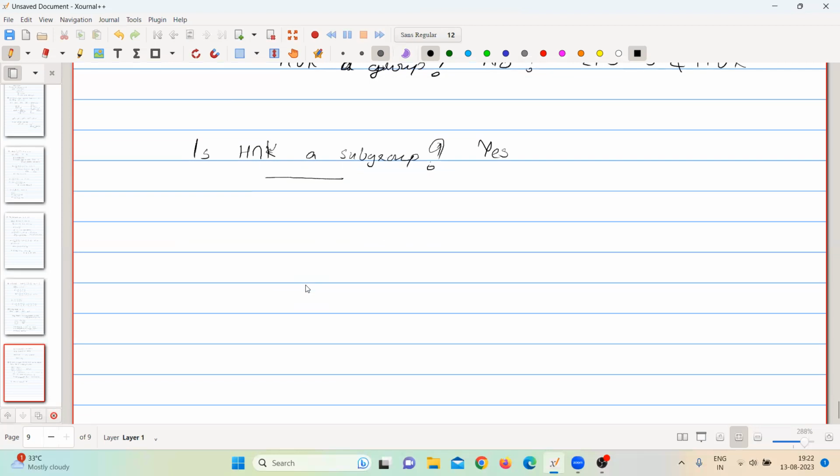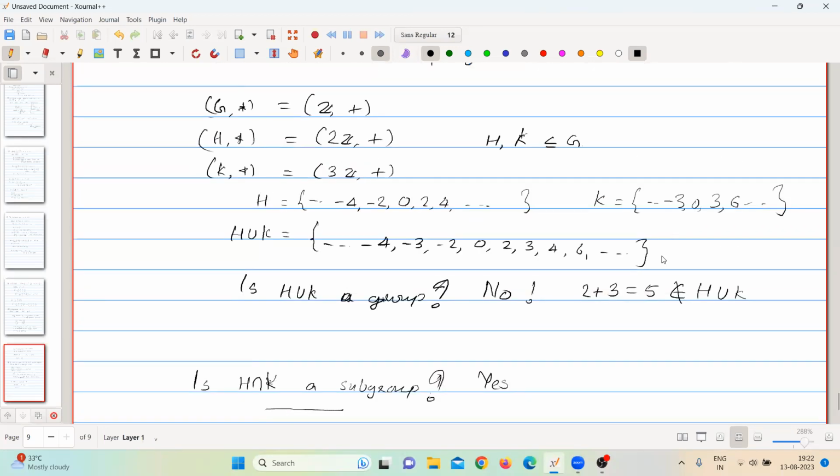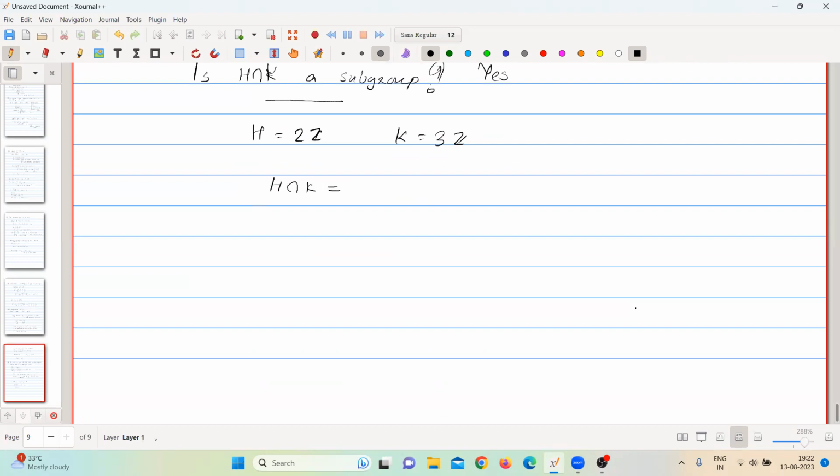Okay, here what is H intersection K? Here H equal to 2Z and K equal to 3Z. Let us try what is H intersection K. What will be H intersection K? -6, yeah, -6, +6.